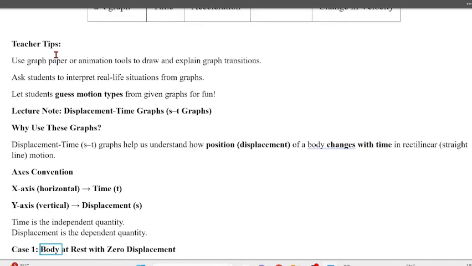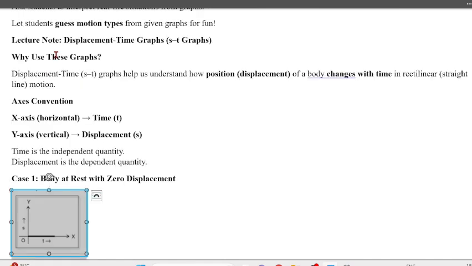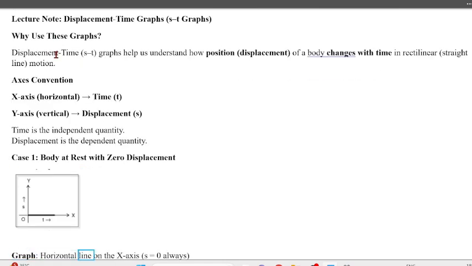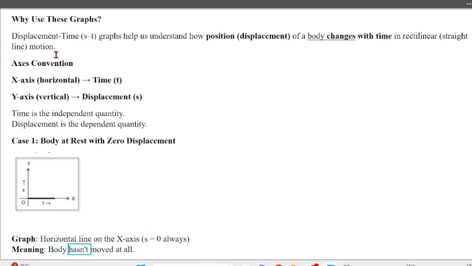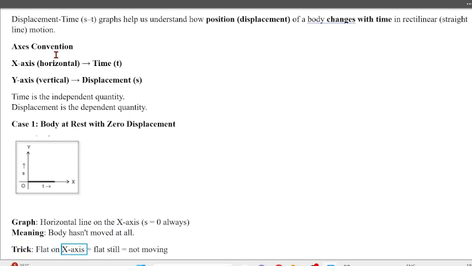Case 1: body at rest with zero displacement. Picture the graph: a horizontal line on the x-axis, s is equal to 0 always, meaning the body hasn't moved at all. Trick: flat on x-axis is equal to flat, still, not moving.